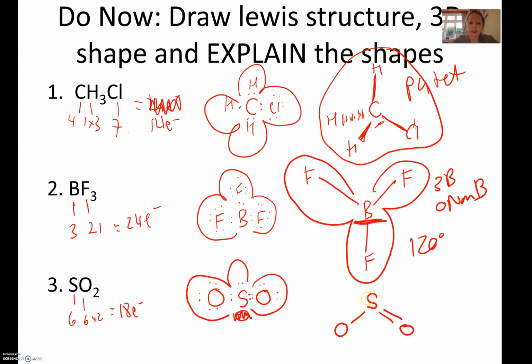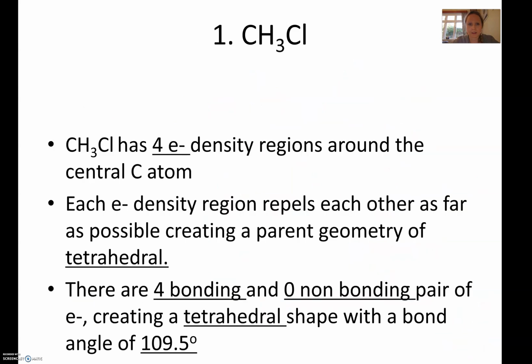SO2 has 3 electron density regions that repel as far as possible around the central S atom, creating a parent geometry of trigonal planar. There are 2 bonding and 1 non-bonding, so therefore the shape is bent with a bond angle of 120 degrees. Hopefully that makes sense.